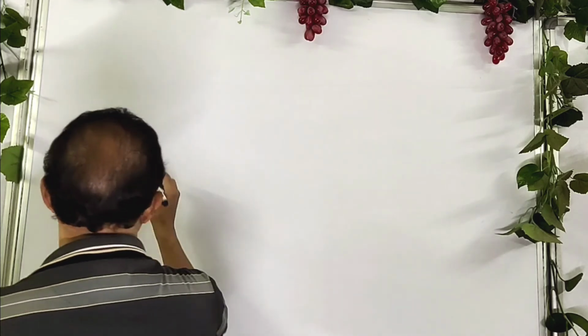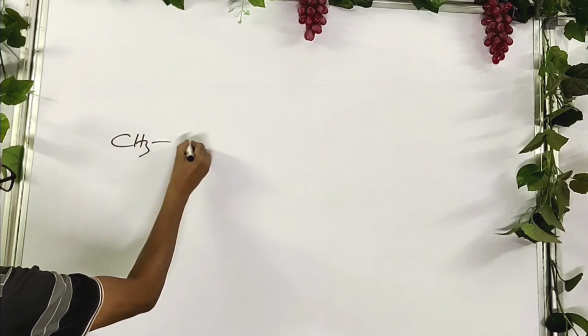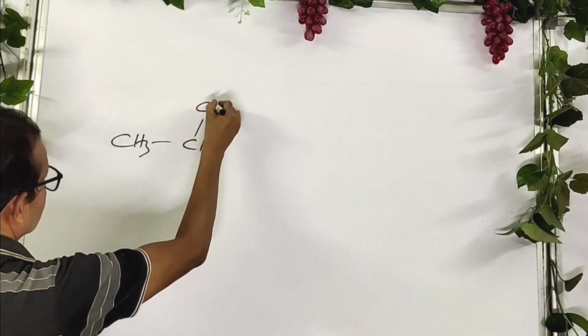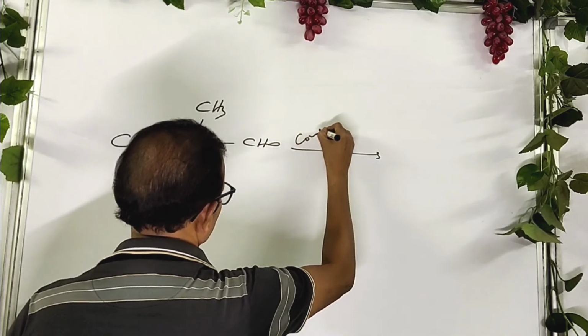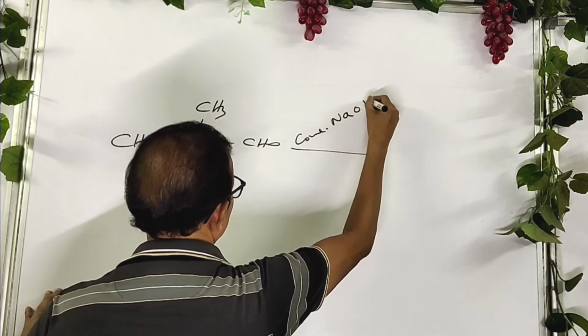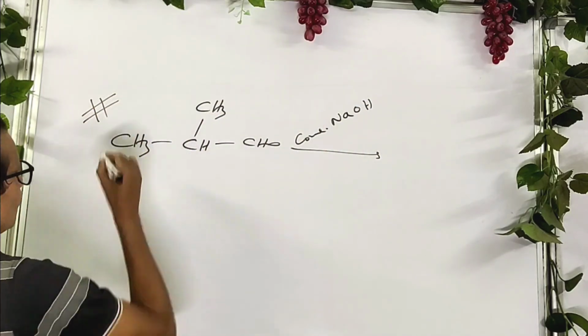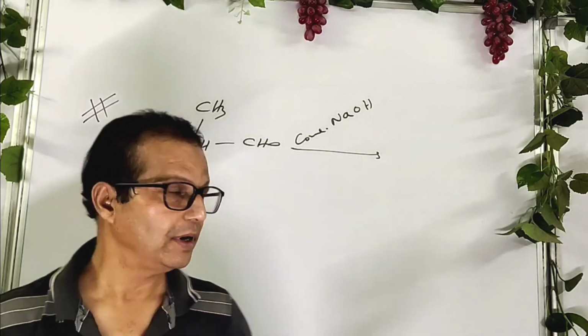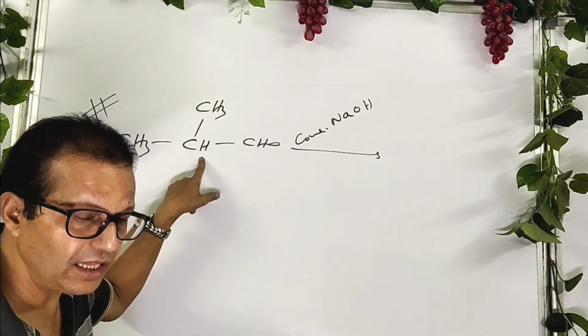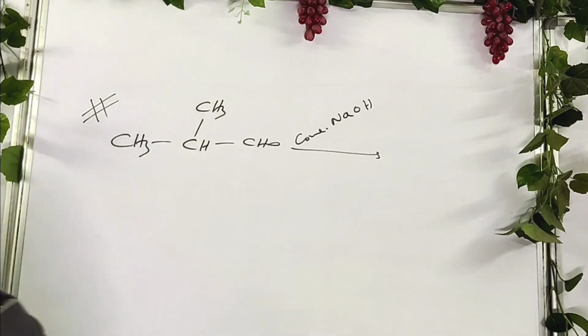Whenever I started Cannizzaro reaction, I told you that there is one exceptional compound which also undergoes Cannizzaro reaction, though it has alpha hydrogen atom. This compound is an exceptional case which has alpha hydrogen atoms, still it undergoes Cannizzaro reaction.